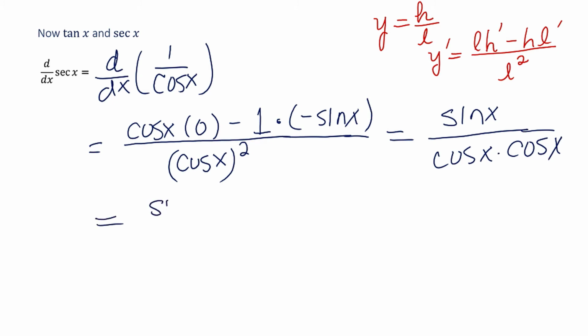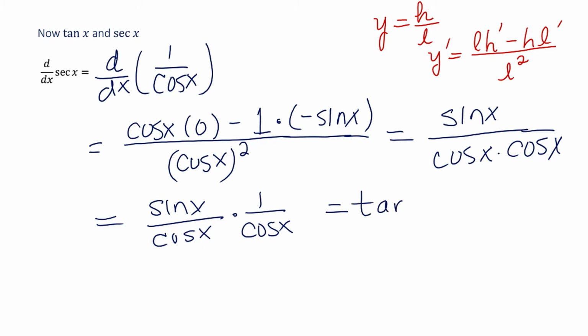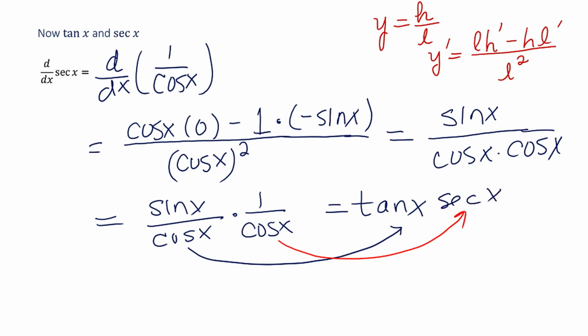Let's do a little more trig. That can be written as sine x divided by cosine x times 1 divided by cosine x. Sine x over cosine x is tangent x, and 1 over cosine x will give us secant x.